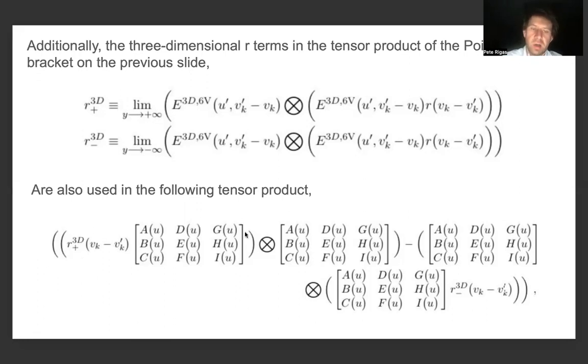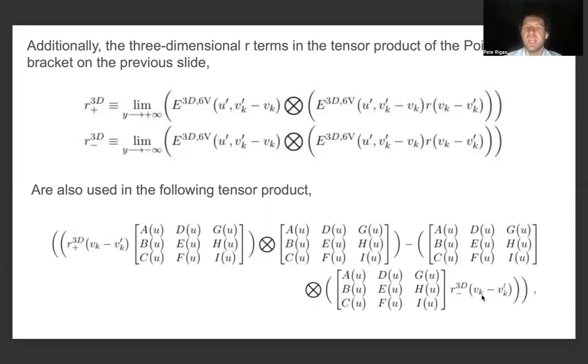We're taking R multiplied by the three-dimensional transfer matrix tensored with the generic representation, and subtracting off the generic representation tensored with the three-dimensional transfer matrix multiplied by R minus.